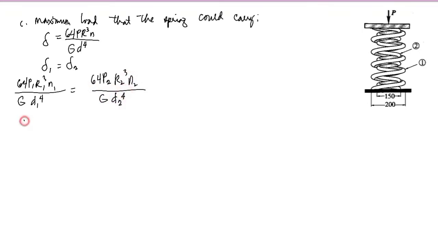Substituting the values, we have 64, P1 is unknown, and R1 for the outer spring is half of 200, so 100 mm raised to 3.